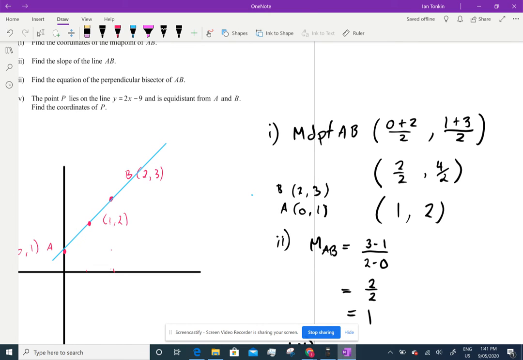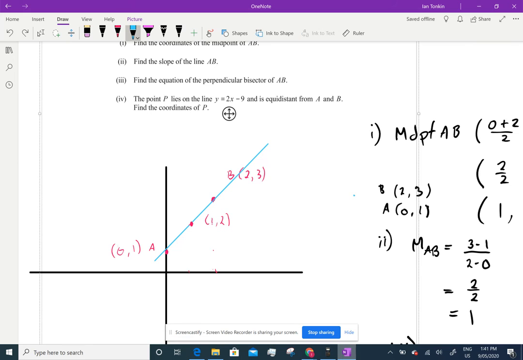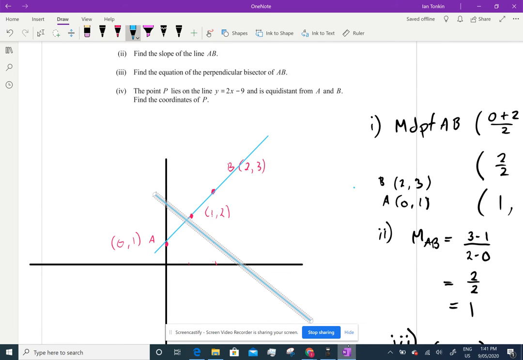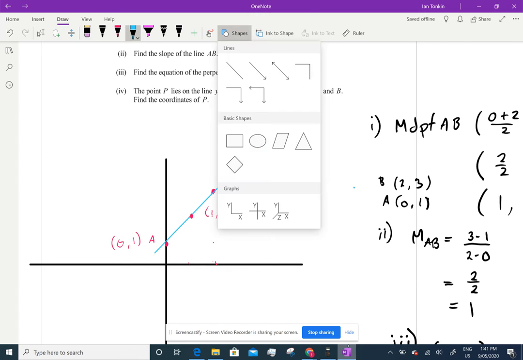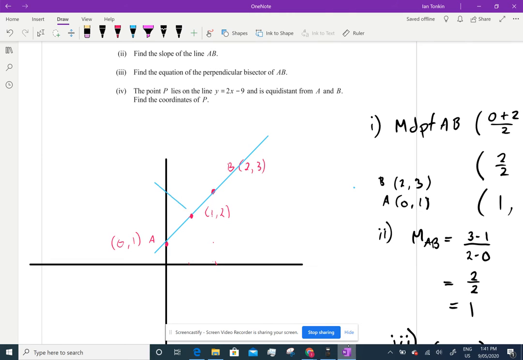Righto. So let's get this line through. That's not going to be good enough. So we'll try again. I really want something like that. So I'm trying to get this through here. Oh, that's much better.